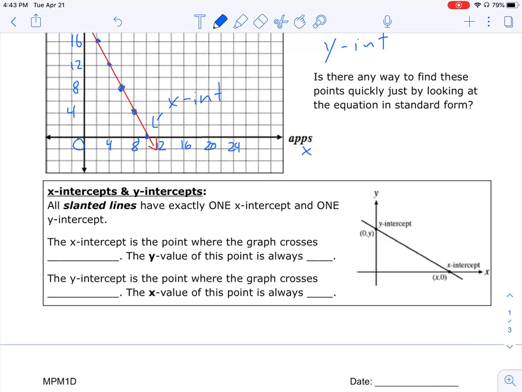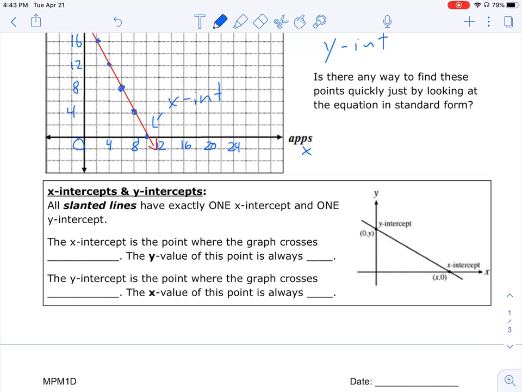Not necessarily. If we look at the characteristics of x-intercepts and y-intercepts, all slanted lines have exactly one x-intercept and one y-intercept. And we can see that over here. There's the y-intercept and the x-intercept, or where the line touches the y-axis and where the line touches the x-axis.